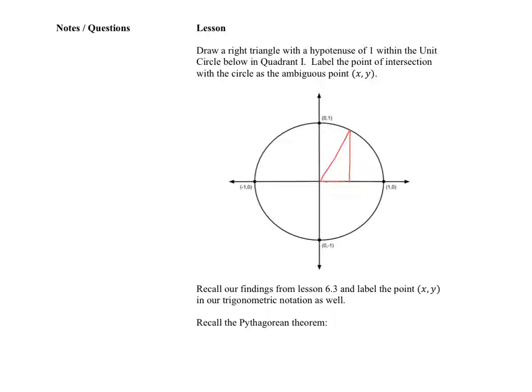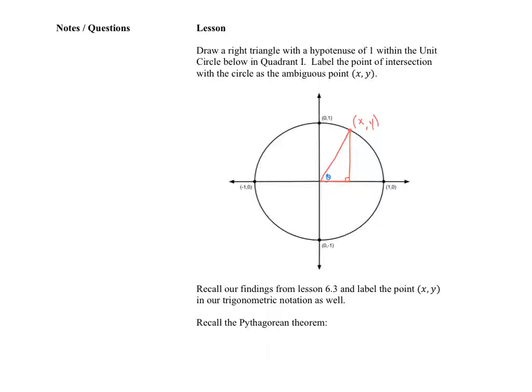I'm not going to say that it is certainly a 30-60-90 or a 45-45-90 right triangle. I'm just going to say that it is a right triangle and that I do not know this angle theta, but I could assume that it's less than 90 and greater than 0. And I know that I have a point right here on the circle that we keep calling the point xy.